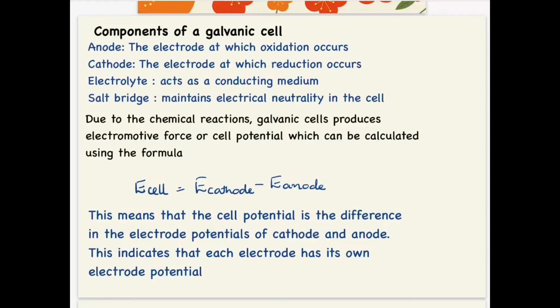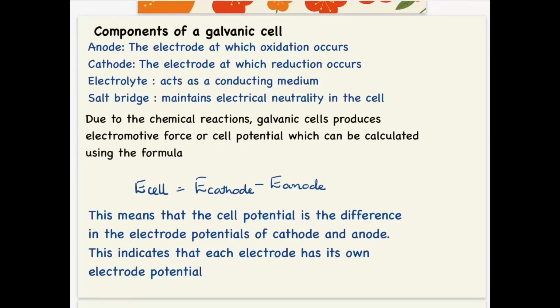This equation suggests that the cell potential is the difference in the electrode potentials of cathode and anode. This indicates that cathode has its own electrode potential and anode has its own electrode potential, and their difference will give you the cell potential.